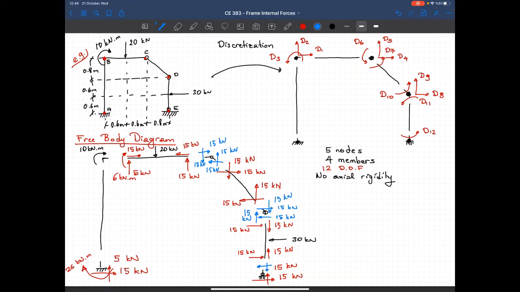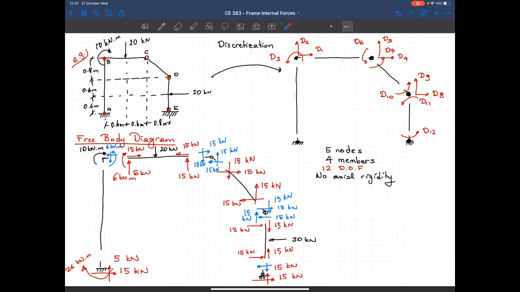All right, now we are at this node. So I'm just transferring these forces to that node. So let's do that. Vertical 5 kilonewtons, 15 kilonewtons, and the moment that's equal to 6 kilonewton meters, and I have 10 kilonewton meters here in the opposite direction, 6 here.